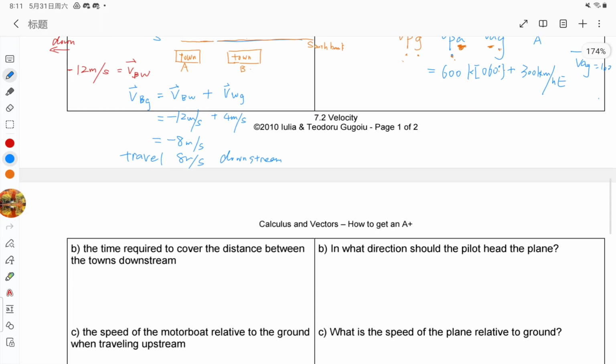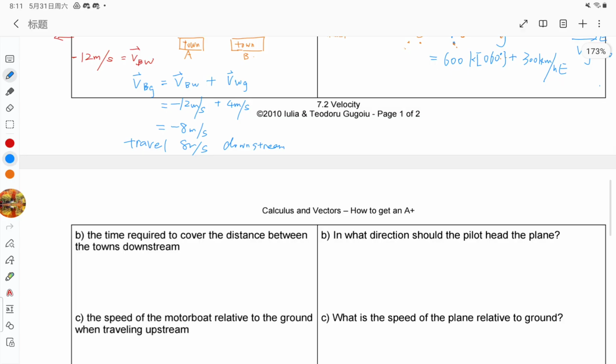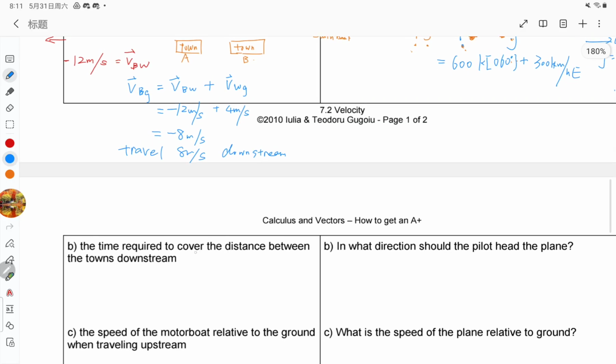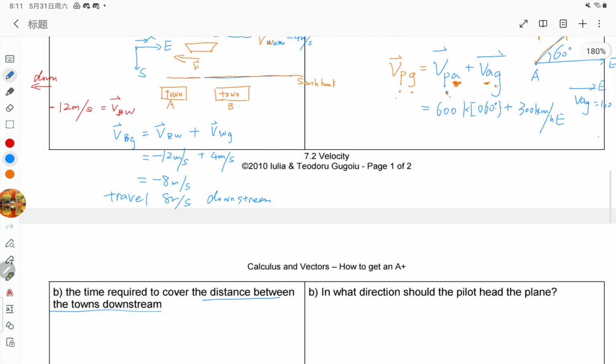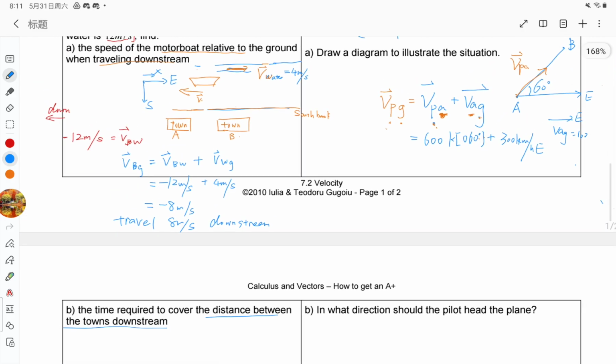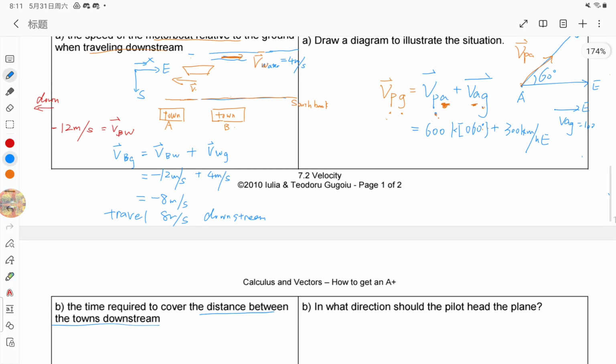And then for question B, saying that the time required to cover the distance between the town downstream, right? So it means that if our boat is driving downstream, going this way, the time that it can travel from town B to town A, or the distance between them, right?